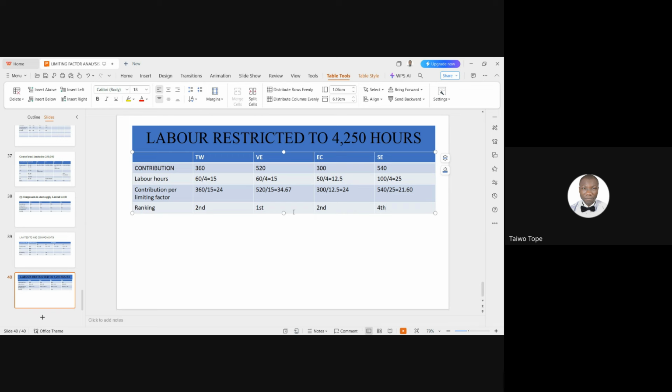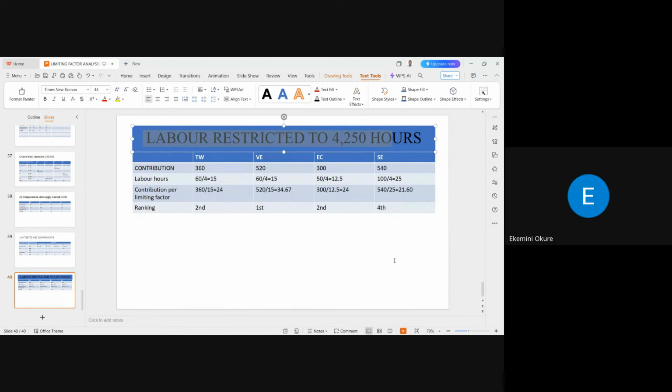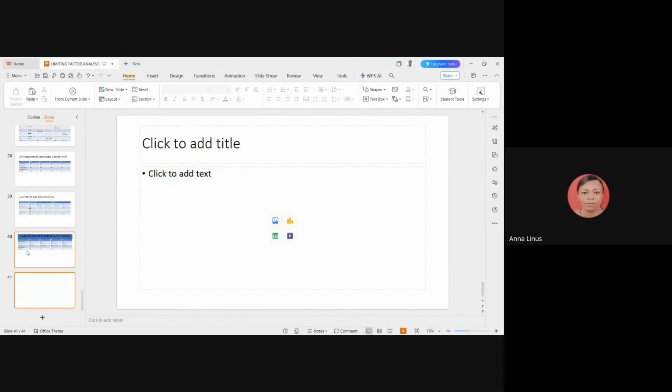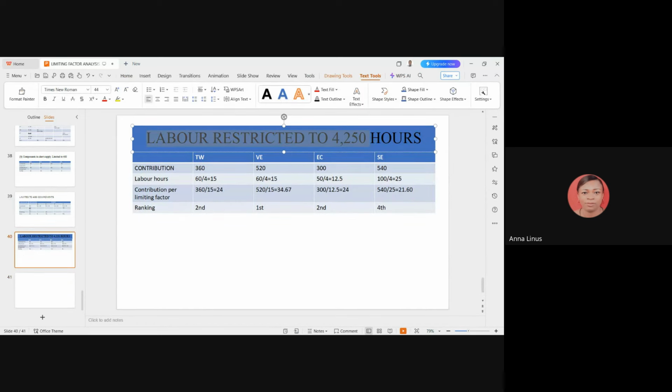So having determined this, what will happen next, based on what we've been doing over time? Somebody should speak to that. We're going to work on the special order.